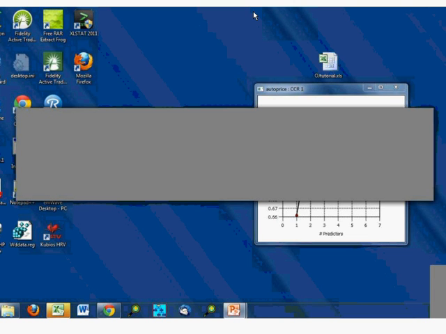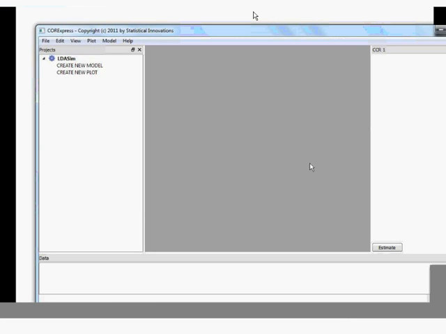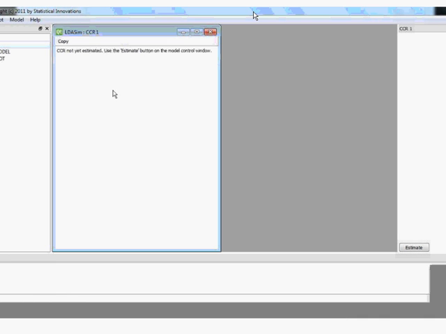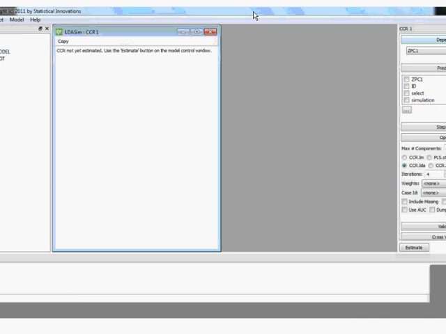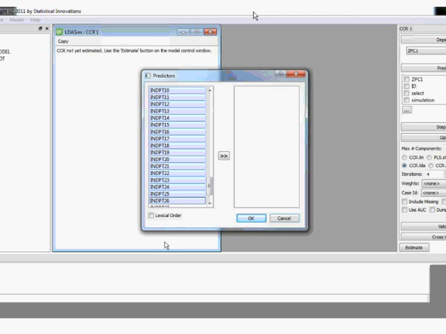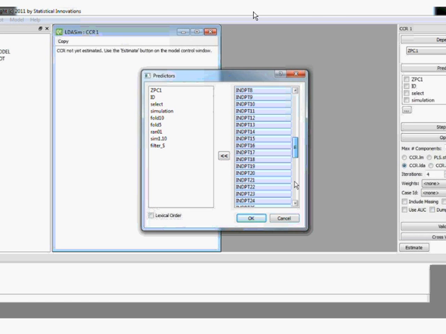Okay, so what we have now is the dependent variable is selected, and as far as the predictors go, we take all of these predictors. Okay, we say okay.